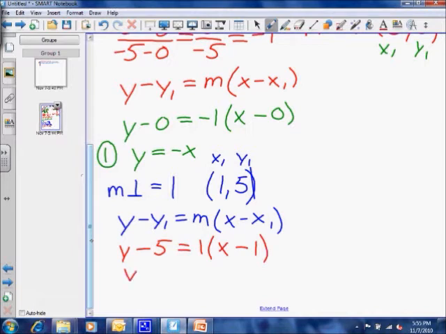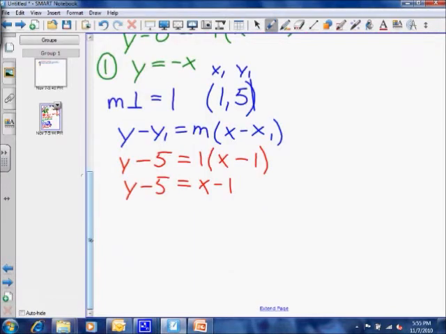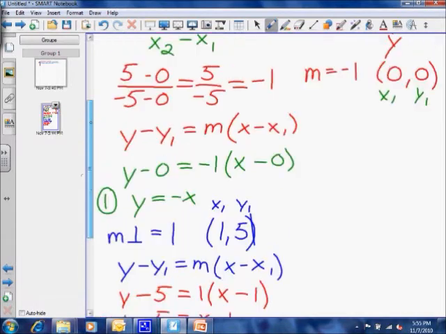I'll distribute, and I have y minus 5 is equal to x minus 1. I will then add 5 to both sides, with my equation being y is equal to x plus 4. That's step 2. I now have my equation of the line that is perpendicular to my original line.